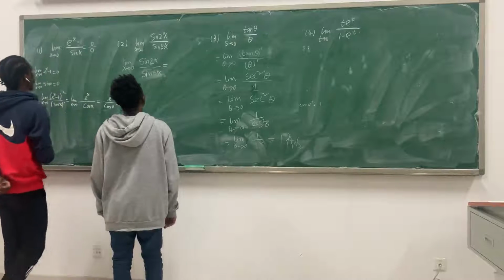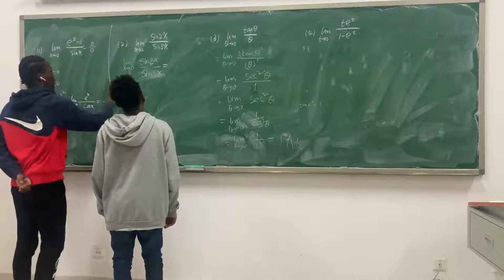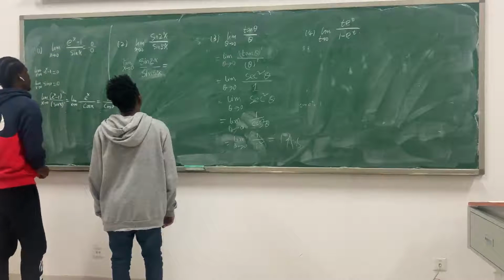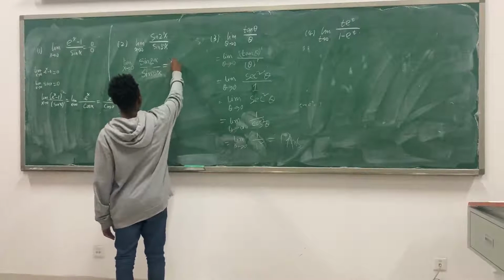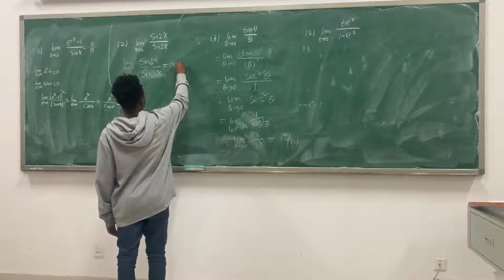No, here's not 0 by 0. Here is 0, here's 1 by 1, here's 0 by 1. So you can see here is 0 by 0, it's the indeterminate form.